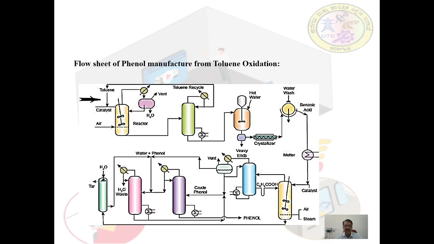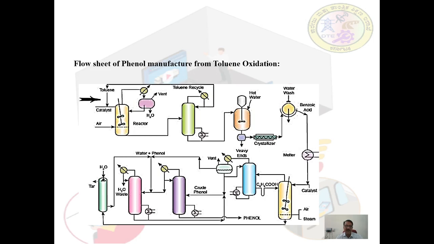The reactor is operated at a temperature of 150 degrees Celsius and 3 atmospheric pressure. Excess air is used, but the toluene conversion is limited to 40% to avoid excessive side reactions.